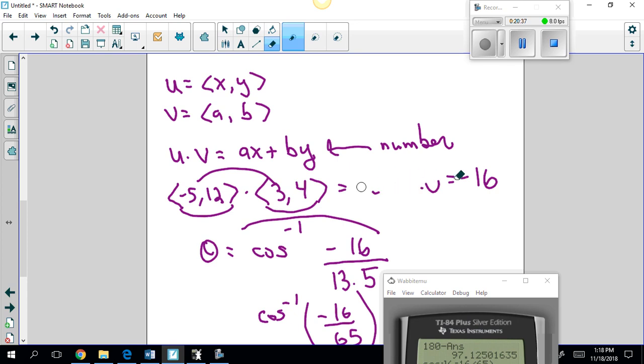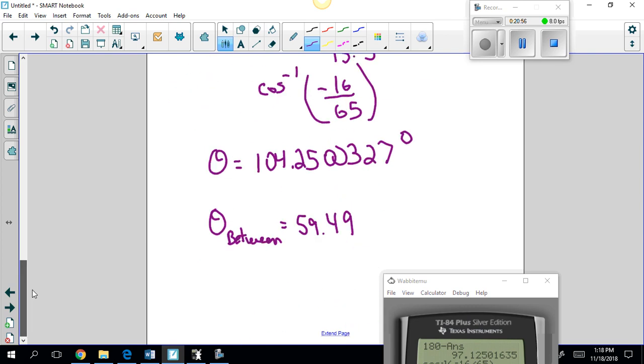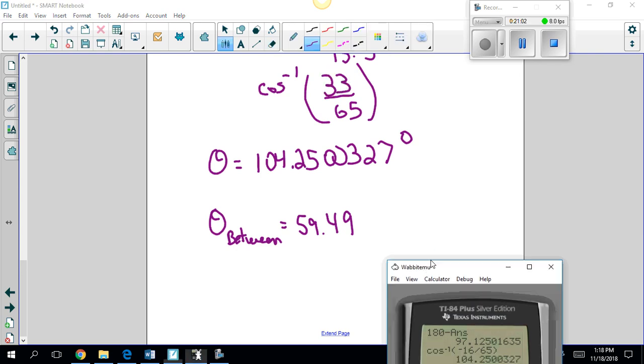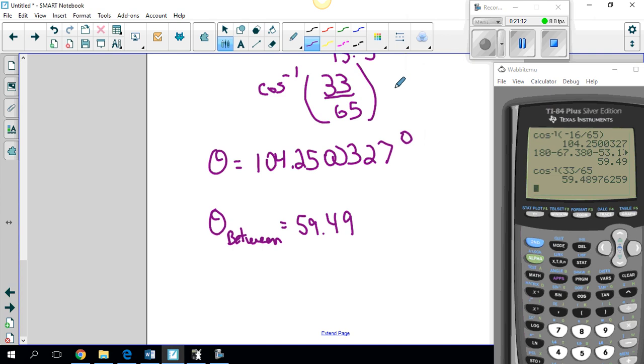Fix this right here, and we're going to be all good, because we get -15 plus 48 is 33, and inverse cosine of 33 divided by 65 is 59.49 degrees. So check. I just copied the problem down wrong.